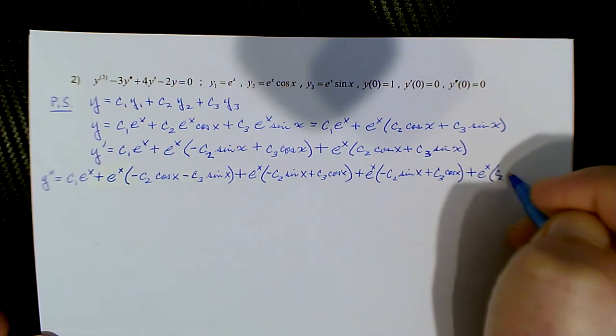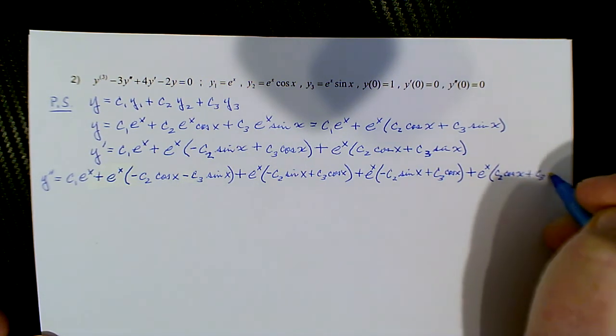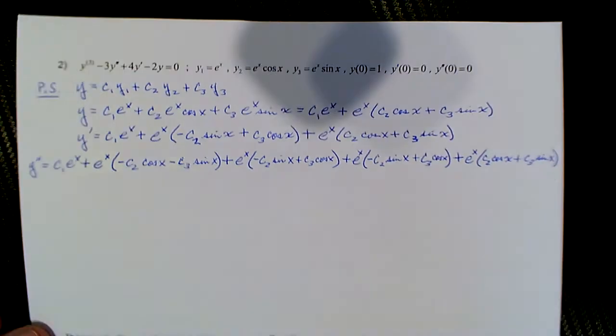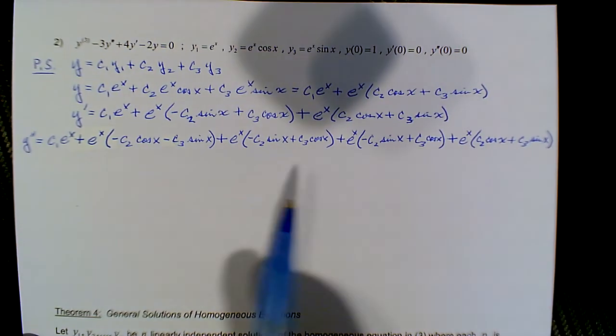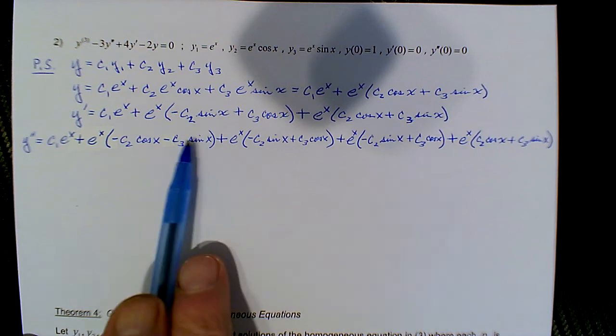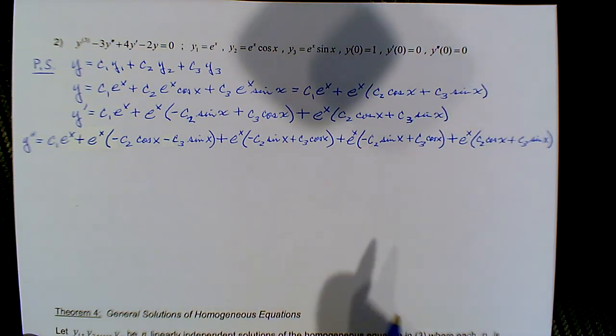So that times c2 cosine x plus c3 sine of x. Now it may have been easier to factor out an e to the x from each of these and then perform just a single product rule, but choose to do it any way you like. At this point I'm going to jump right to the initial conditions, but actually, let's simplify.